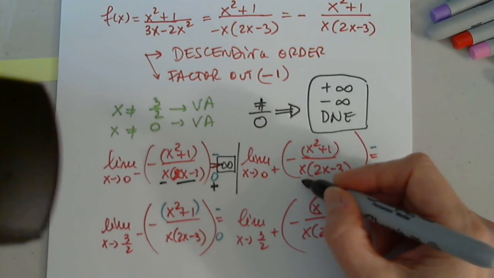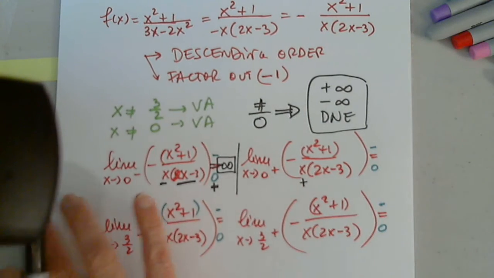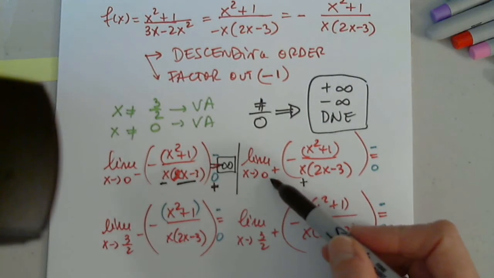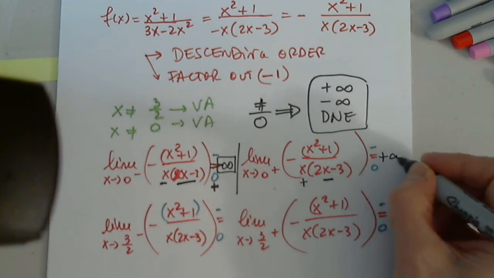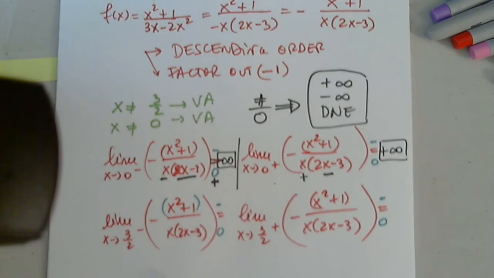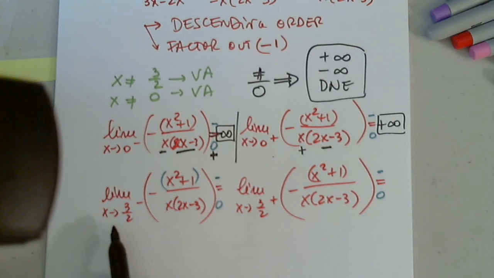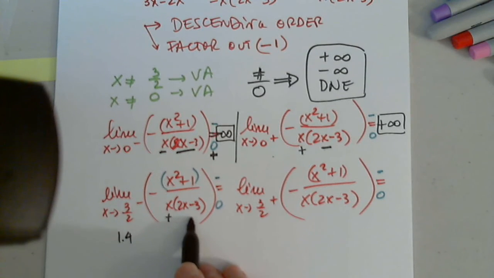Here I have positive, but with 0.1, this becomes negative. So then this is indeed positive infinity. Okay, with 1.5 from the left, like 1.4. The numerator is still negative. This is positive. But 1.4 times 2 is 2.8 minus 3, it's negative.